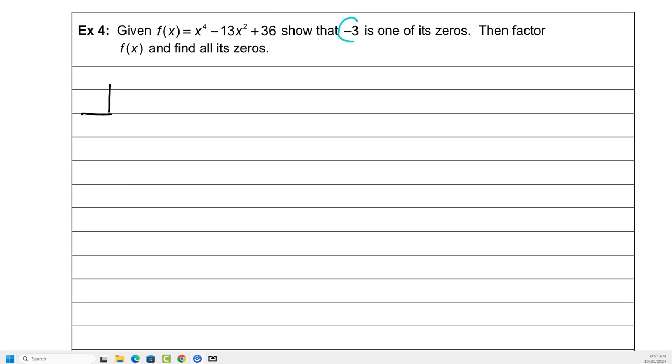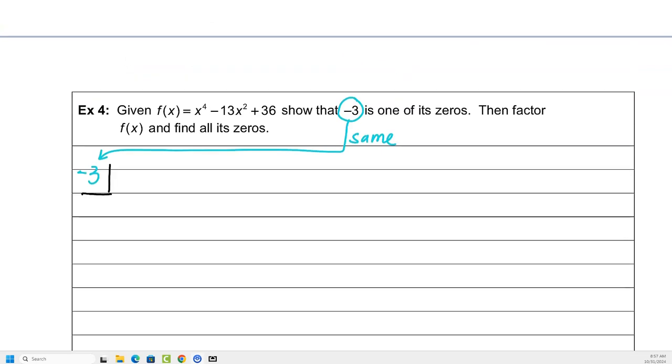So I'm going to take the negative 3 here, and you just put it in the window. So negative 3. It's the same because it's a 0, not a factor. Are there any missing terms this time? Yep, it's missing the x cubed.